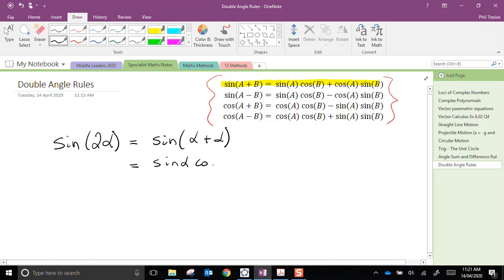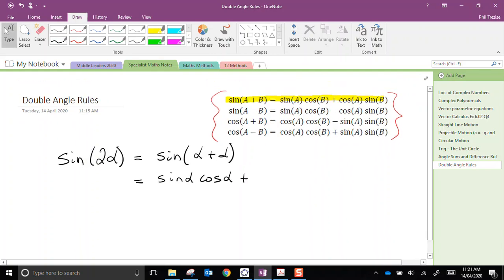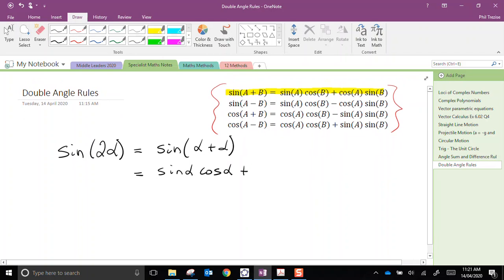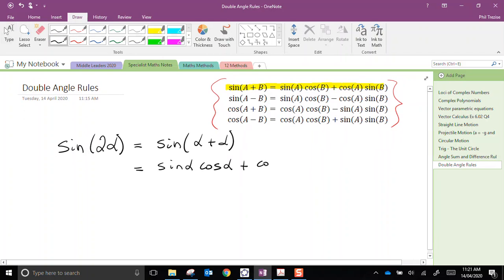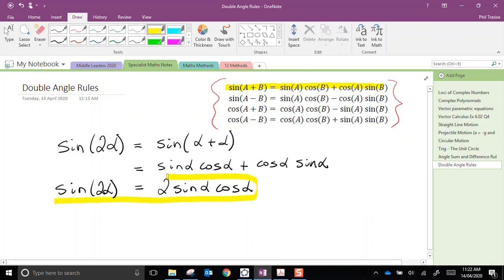Now in this case, both the first and second angle are the same, plus cosine of the first angle by the sine of the second angle. Now it really doesn't matter when we multiply which one's first and second. This is 2 sine alpha cosine alpha, and that's the sine of 2 alpha. That's our first of the double angle identities.